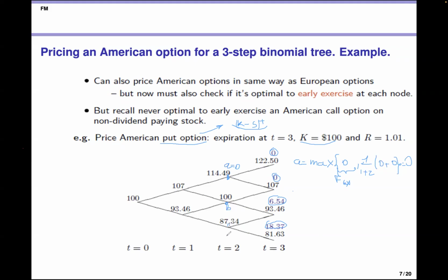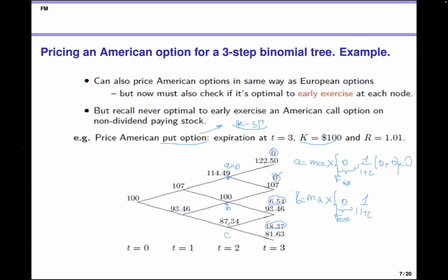Now we need to compute for node B and for node C. For B equals the maximum between the immediate realization, which is 0, the price of immediate realization or exercising. But what about waiting? It is 1 divided by 1 plus r.